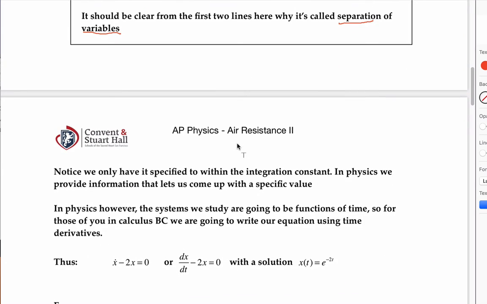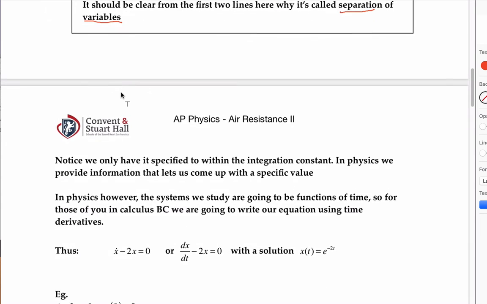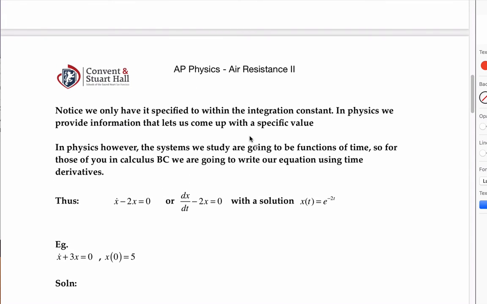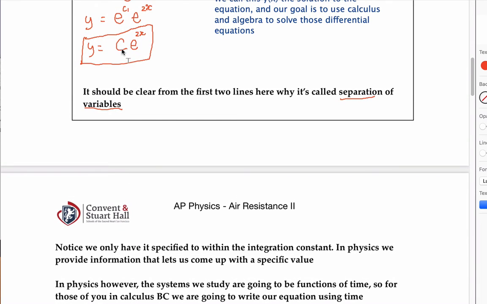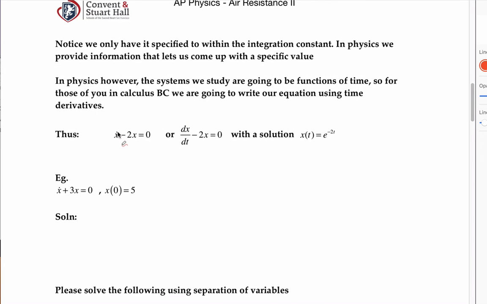So notice we only have this specified up to an integration constant. What happens in physics is that we're going to be providing information that lets us come up with a specific value for this c. Specifically here, this is Newton's notation where the dot means a time derivative.